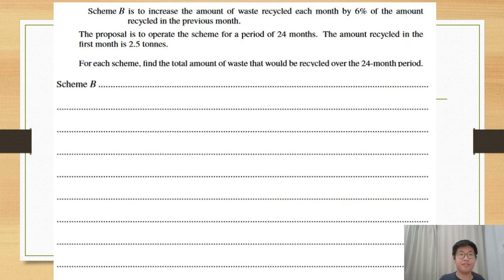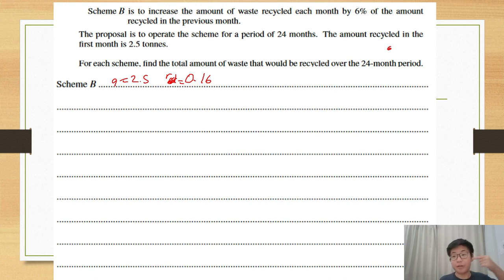That's quite impressive, but wait until we see this. 6% on the amount recycled in the previous month. So A equals 2.5, and actually it's supposed to be R, because it's a geometric progression.